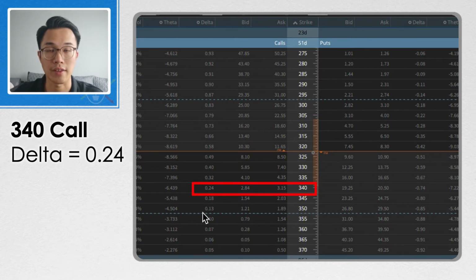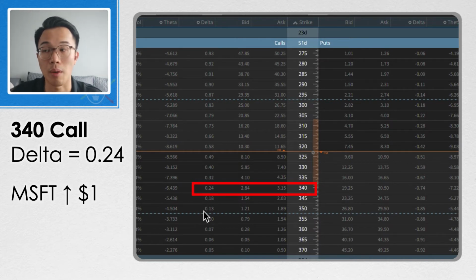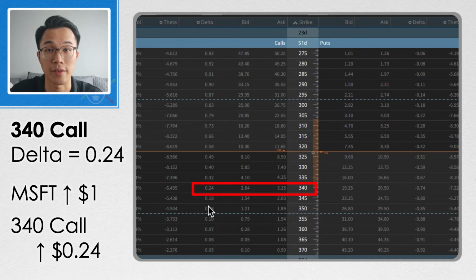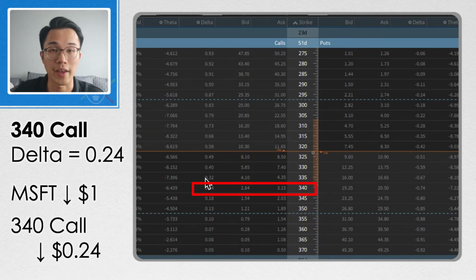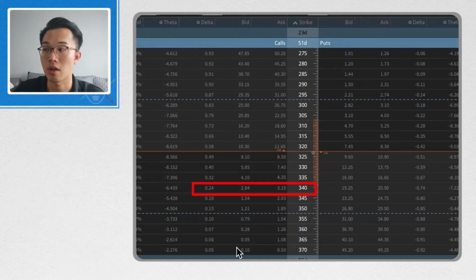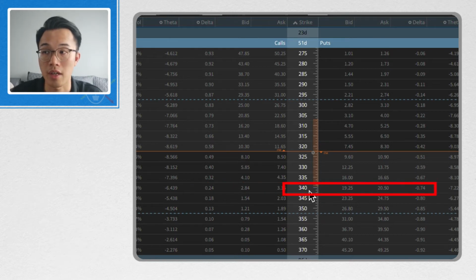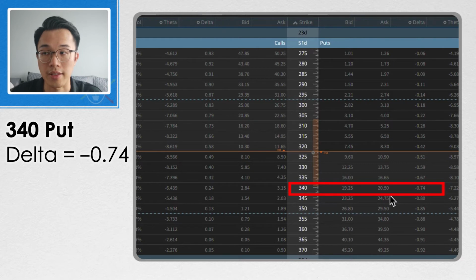What this means is that if the share price of Microsoft were to increase by $1, the price of this option would increase by 24 cents. Likewise, if the share price of Microsoft were to fall by $1, then the price of this option would fall by 24 cents.